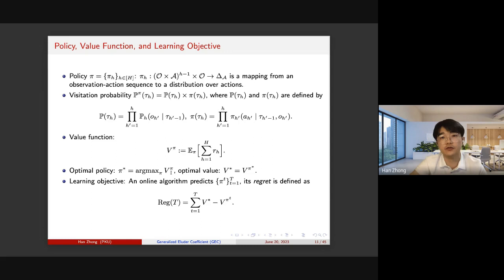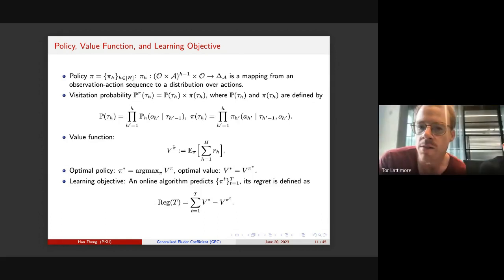Pi is a mapping from the history and the current observation to the real-time decision. Given a policy pi, we can define its visitation probability P^pi(τ_h), which can be factorized by the product of P(τ_h) and π(τ_h). Here, P(τ_h) characterizes the randomness incurred by the transition dynamics, and π(τ_h) characterizes the randomness incurred by the policy pi.